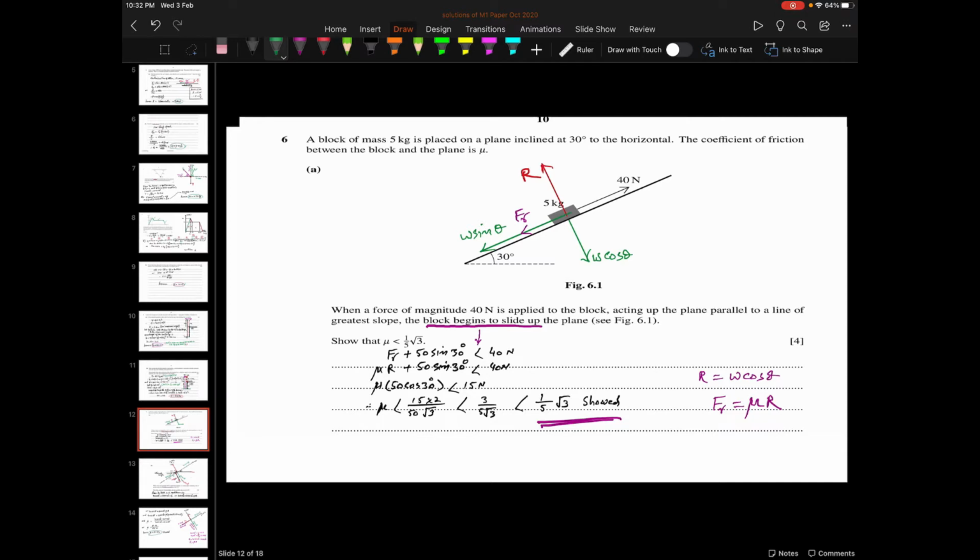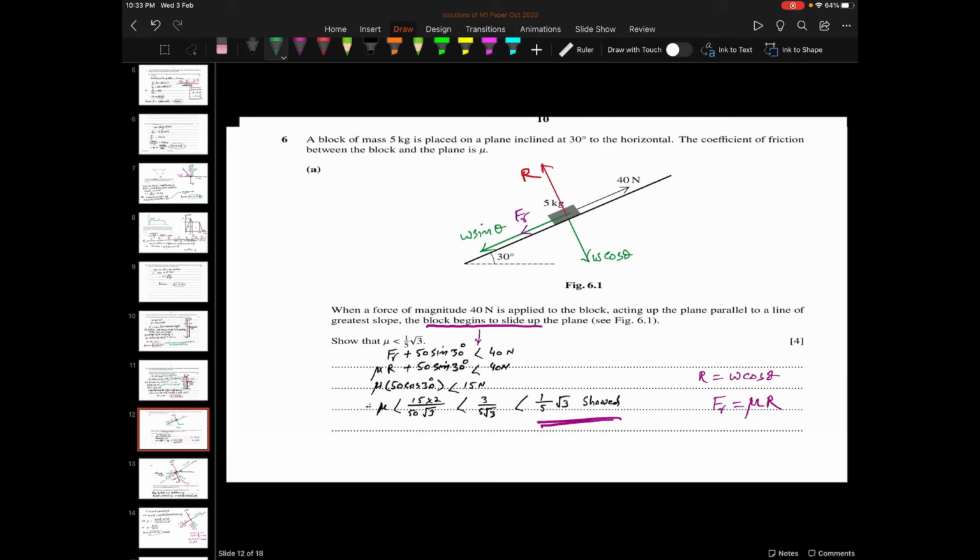Now see the figure carefully. The plane is rough, so force of friction is there. Force of friction is always acting in the opposite direction of the motion of an object.